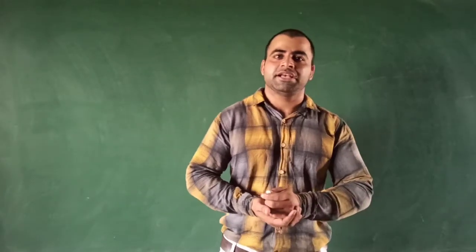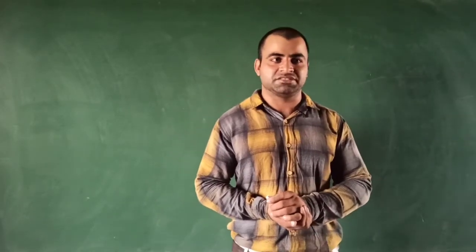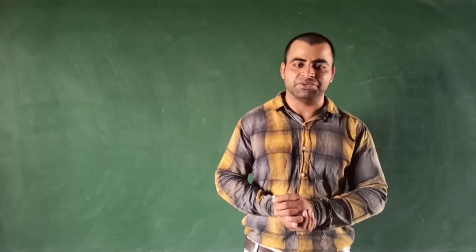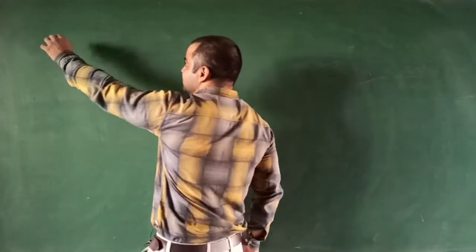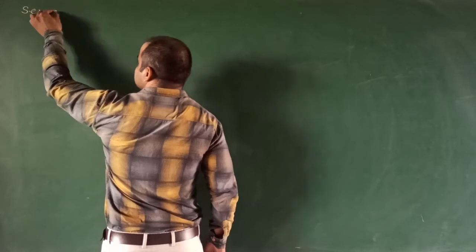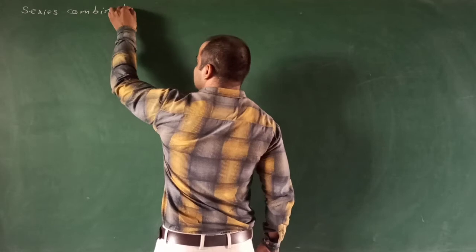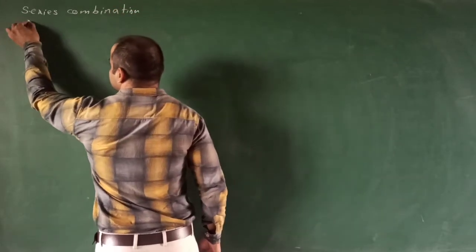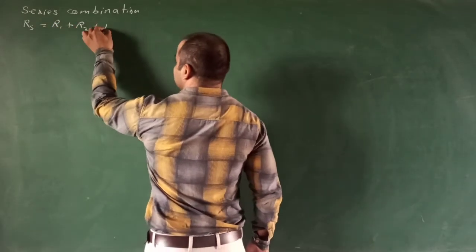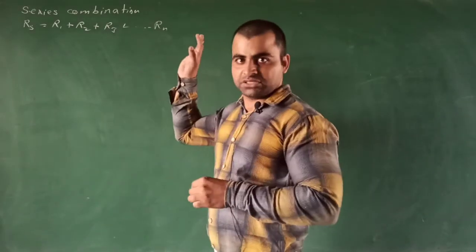Hello students, in the last lecture we discussed the combination of resistances. One is the series combination and another is the parallel combination. In series combination, the result is R1 plus R2 plus R3 up to any number.